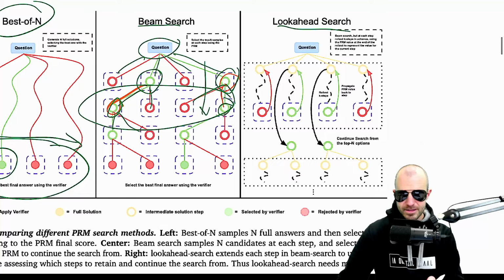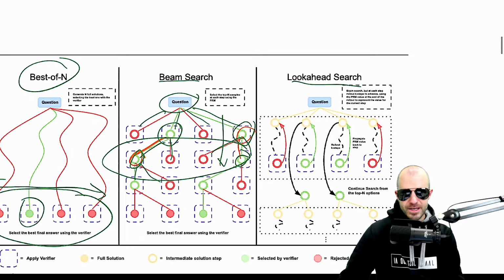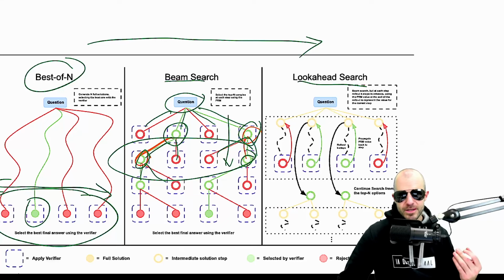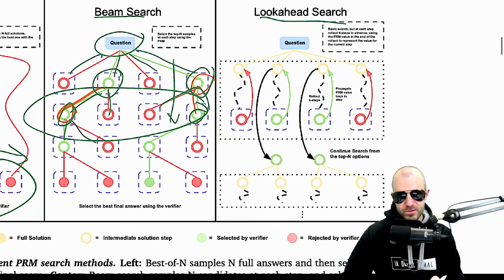And then the last thing is look ahead search. Now, as you can see, the methods get progressively more complex as you move to the right. So you invest more and more into single individual steps, so you have to manage your budget better. You're going to take a question.